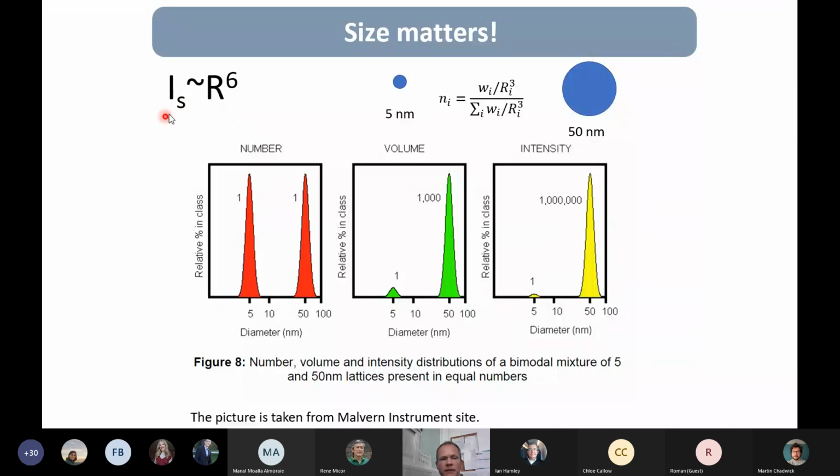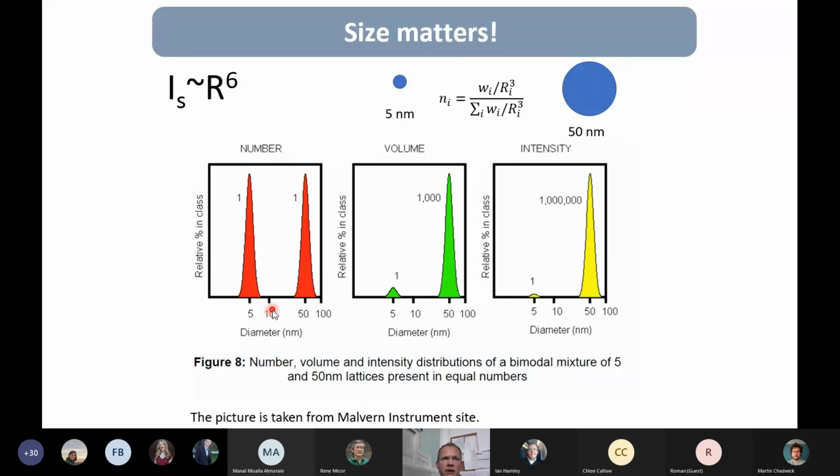For hard spheres, the intensity is proportional to the sixth power of the radius, right? So let's make a hypothetical experiment. We will measure a mixture of two proteins. One protein will have a size of 5 nanometers, and another protein will have a size of 15 nanometers, right?